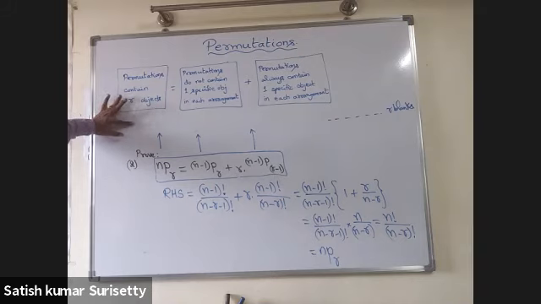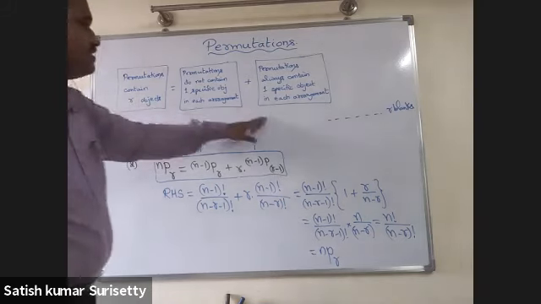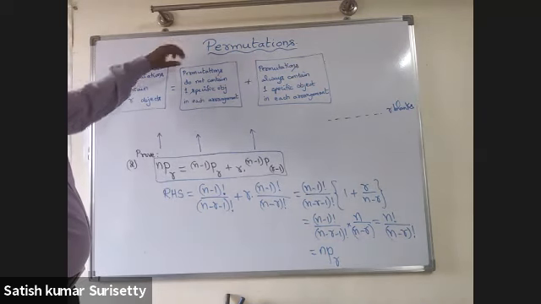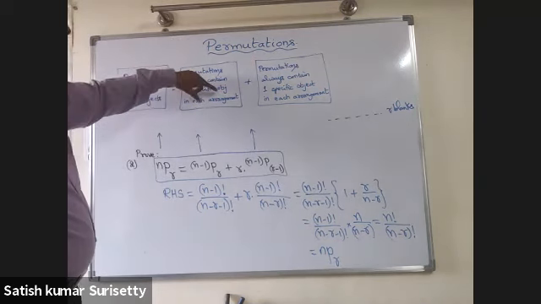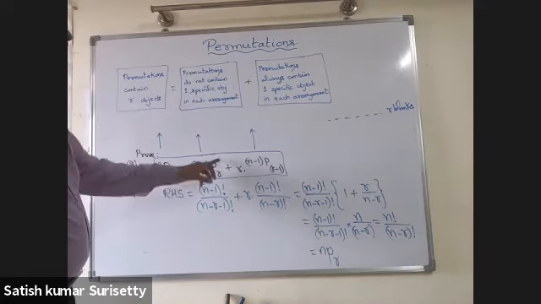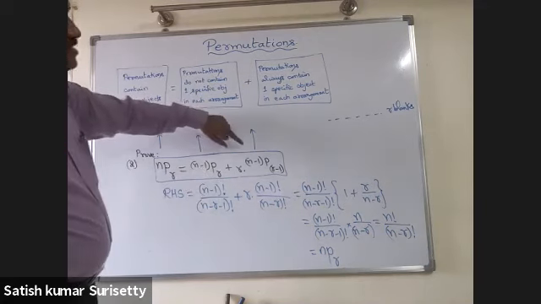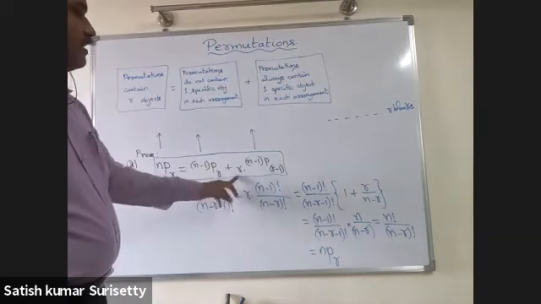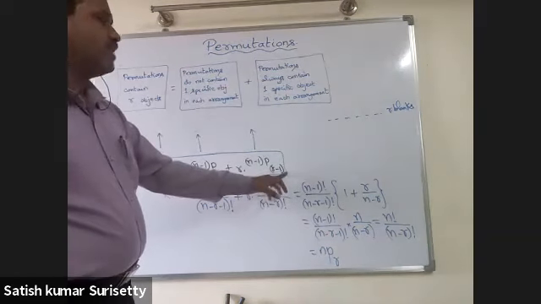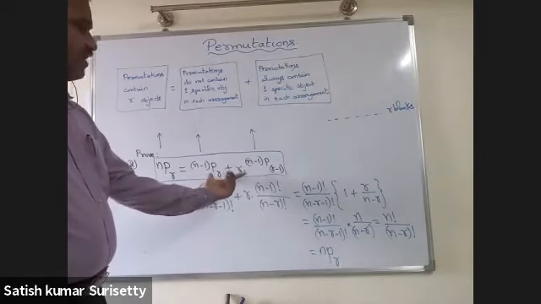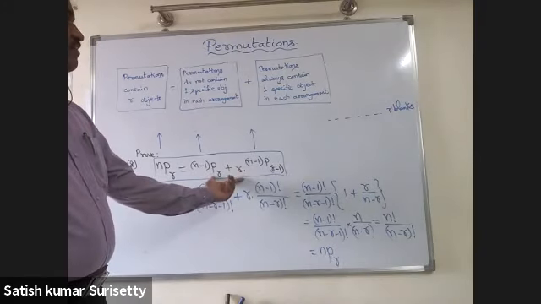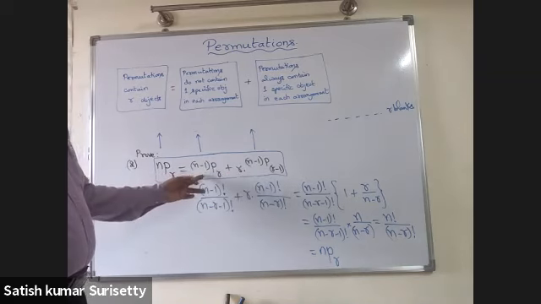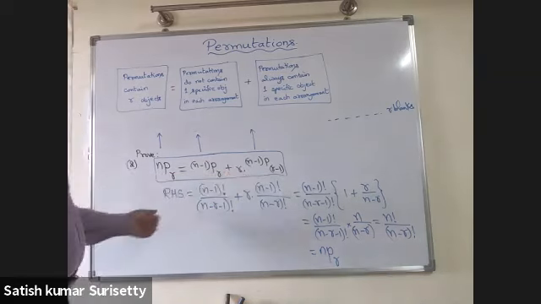That entire number you can split into two parts: in each arrangement one specific object is not contained, which will be n minus 1 Pr, and in each arrangement one specific object is always there, which will be r into n minus 1 P r minus 1. That is, we are fixing one specific object which is either always included or always excluded. That is the splitting of these two.